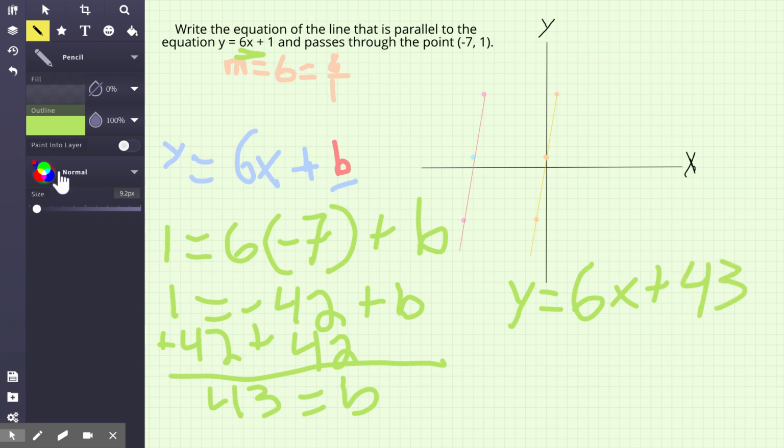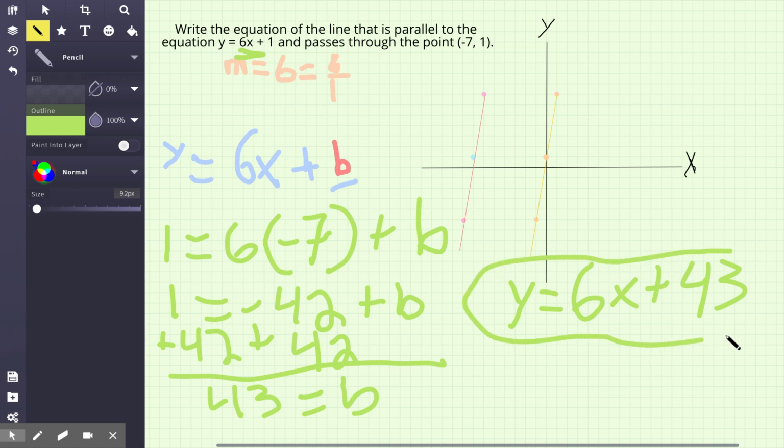And that seems like it would be about right, because this line has a slope of 6, and it looks like its y-intercept is going to be way up here if I continued this line right here, and it looks like it would probably end up at about 43, way above my computer screen even. All right, but my equation was y equals 6x plus 43.